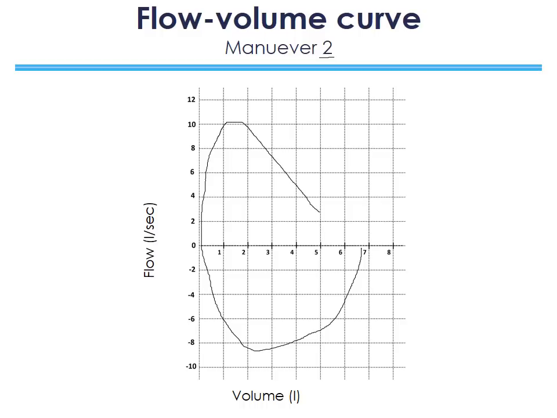This exhalation also continues until the beep is heard, and then this is followed by a final inhalation. So basically we see that the circles that we started off with for maneuver 1 are not there because in this case the patient was not instructed to breathe normally for 4 breaths. So therefore it's basically just the outside border of the curve that exists.